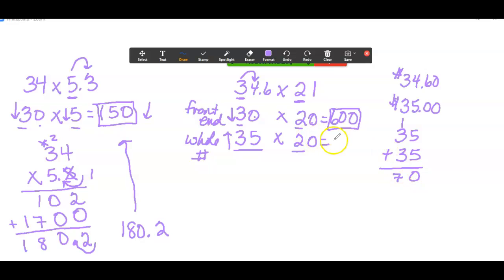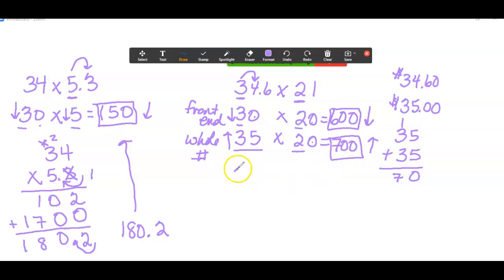So that would be 70. Now I have not used this 0 yet, so I do have to put it here. Again, this is an underestimate, this is an overestimate. So that tells me that the real answer to this problem has to be between them.